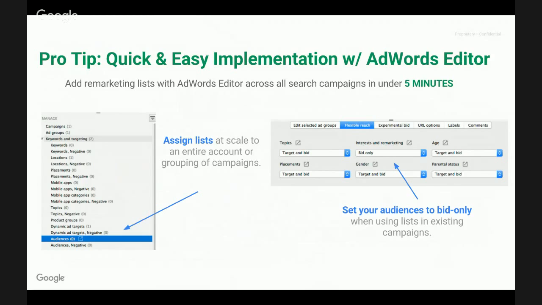And I'm not saying this because it's a cool product, although it is. When it comes to audiences, it's not a separate product, it's just a way to target people that are coming back from your website to Google search. Yeah, I totally agree with you.